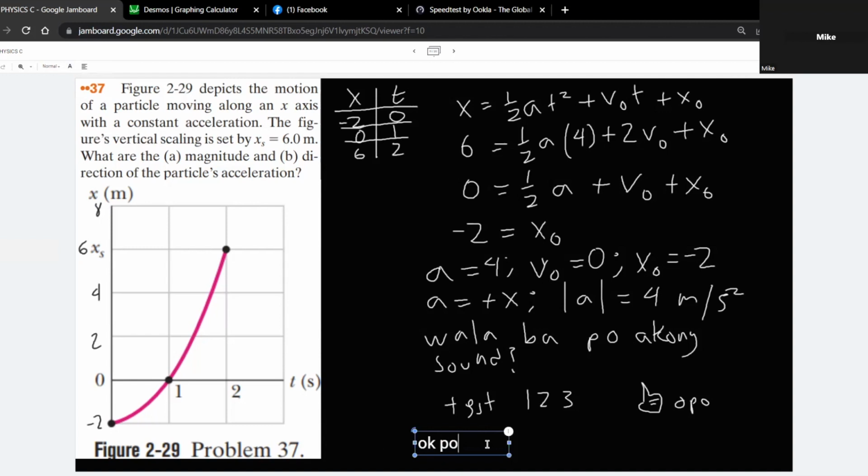So pili ka na ng problems from 2 dots and then 3 dots. Pwede. Tapos kung stuck ka sa 2 dots, ibig sabihin may 1 dot problem kang hindi nagawa. So pili ka ng odd number na 2 dots or 3.